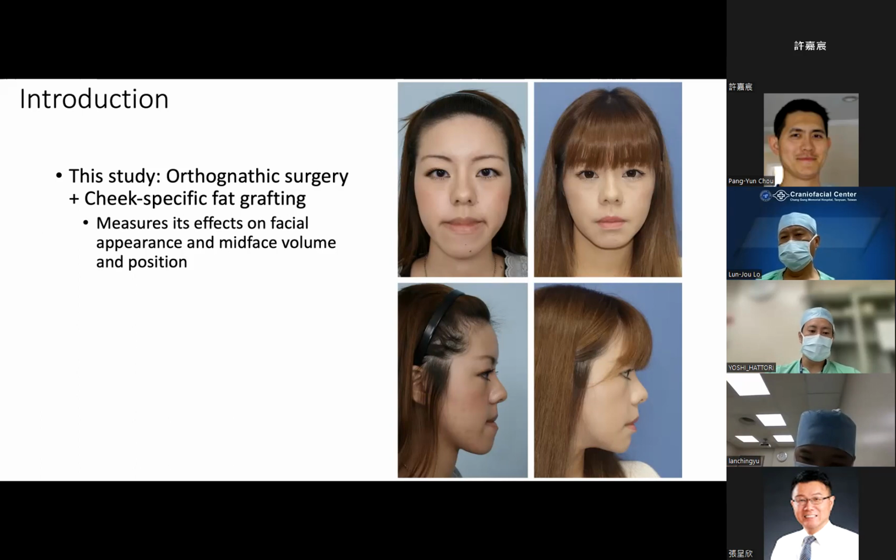And we know the stress-induced mesenchymal cells will multiply. So I studied this, showing that the survival rate is better and the patient satisfaction rate is better. So right now, all my patients who receive orthognathic surgery, especially for class 3, will have mid-face augmentation.